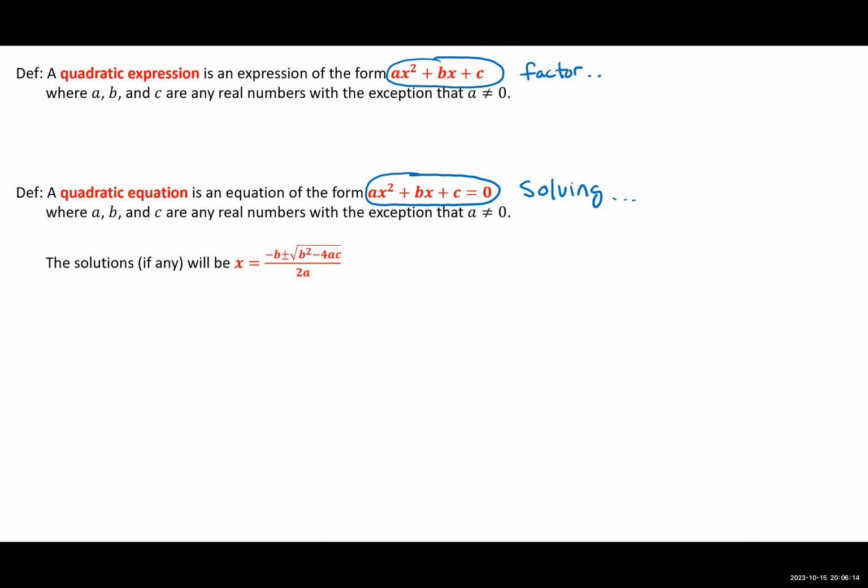And when we solve an equation like this, something we've used in a number of previous videos on this playlist, we have the quadratic formula. So it's like an if-then statement. If you've got an equation that looks like this, then you've got answers that look like this. Now, you may not get any answers.